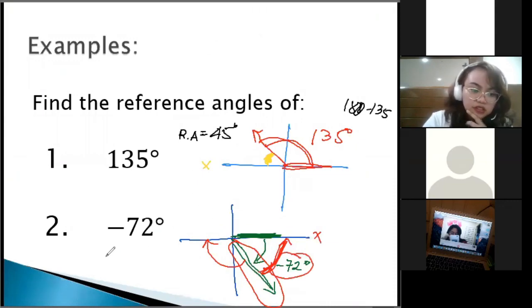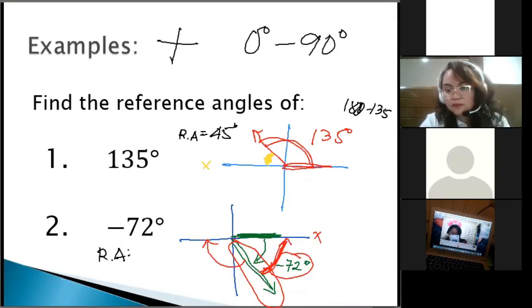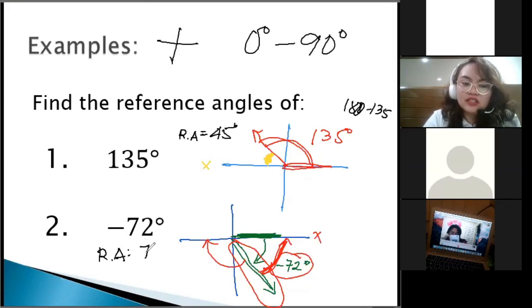And what are the characteristics? It will always be between 0 degrees and 90 degrees. Therefore, our reference angle is, Angelo, you're almost correct, just 72 degrees. This is it already, you just make it positive. Okay? These are the characteristics.